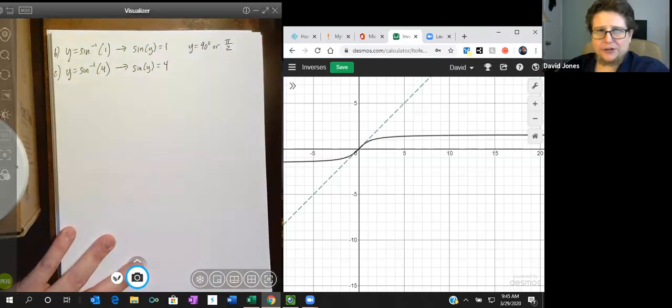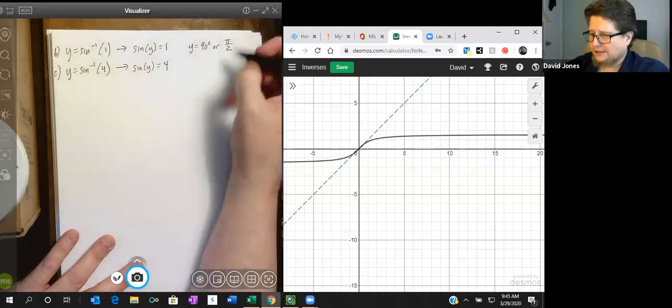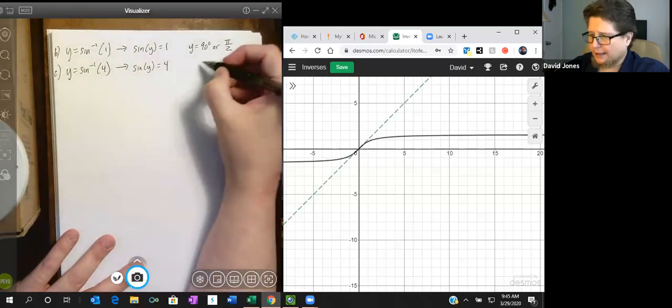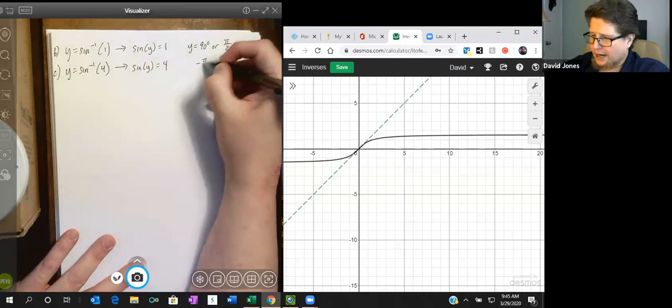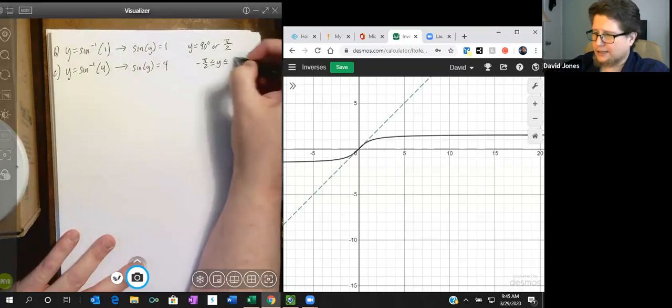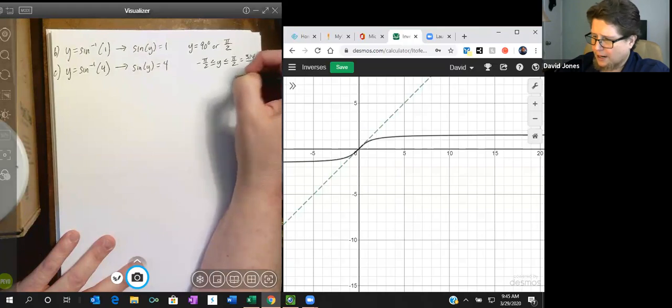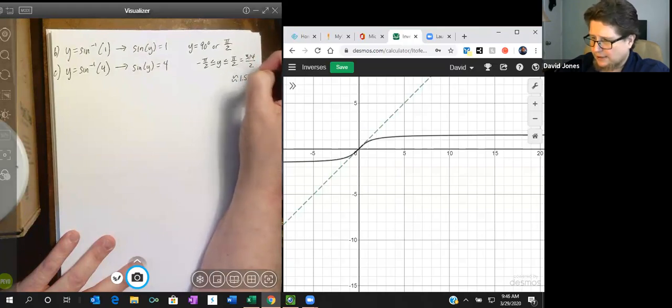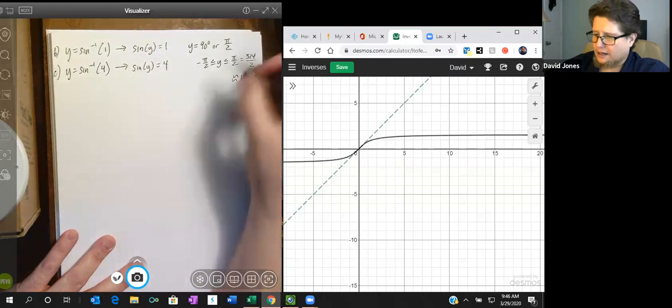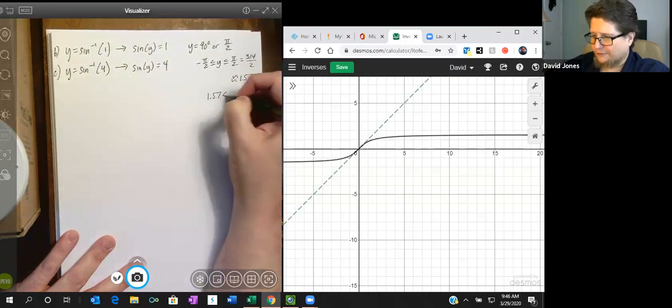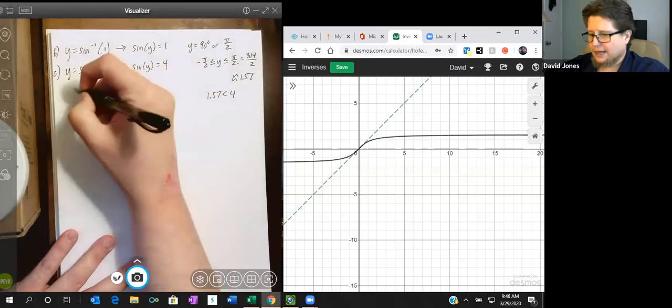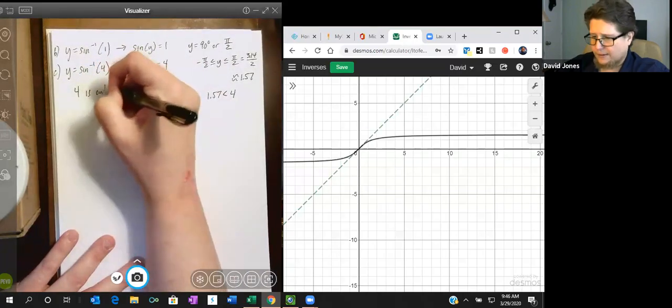If we look at the unit circle, sine is restricted between -1 and 1. Or if you think about it, negative pi over 2 is less than or equal to y, which is less than or equal to pi over 2. This is 3.14 over 2, which is about 1.57. And 1.57 is less than 4. 4 is outside of the domain of sine inverse.